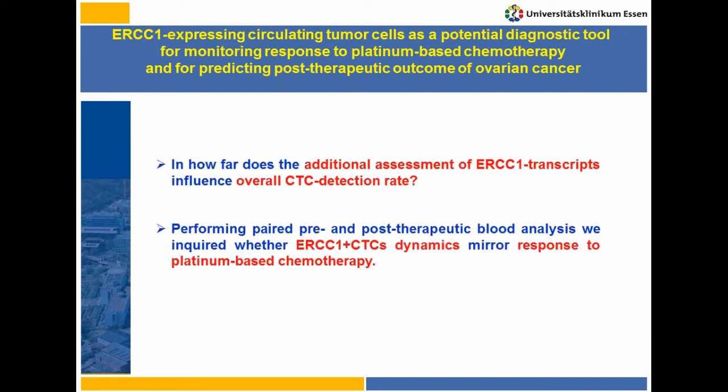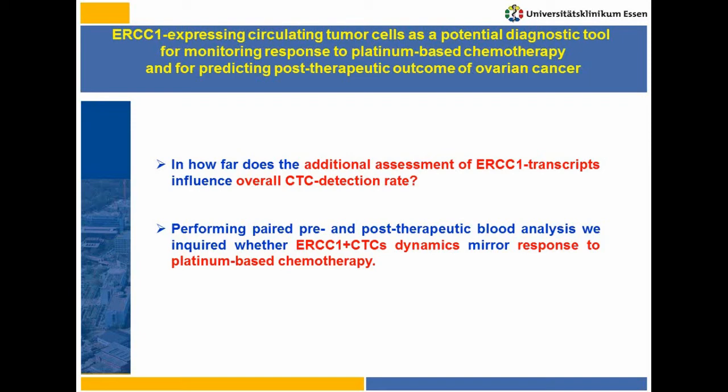So first of all, the question was, is the additional analysis of ERCC1 able to influence the overall CTC detection rate? Because what we saw right from the start was that we had patients who were negative in the ADNA test, but positive for ERCC1.